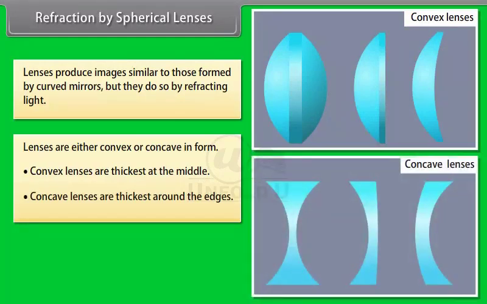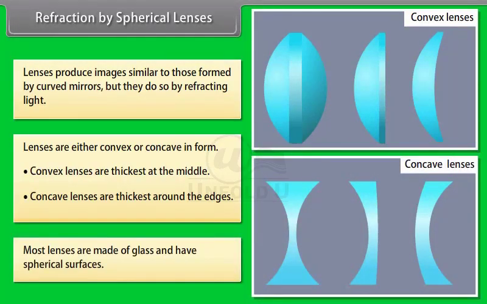Concave lenses are thickest around the edges. Most lenses are made of glass and have spherical surfaces. Light rays passing through a convex lens bend towards the principal axis, whereas rays passing through a concave lens bend away from the principal axis.